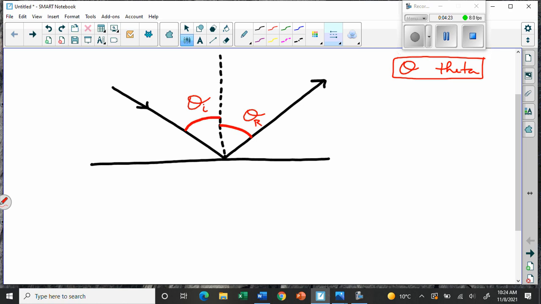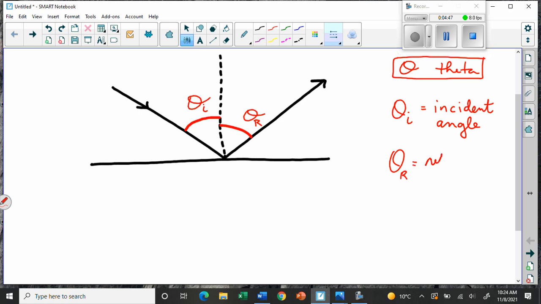Okay? And so theta I is going to be the angle that the incoming light makes. So that's called the incident angle. Incident means incoming. That's the angle the light comes in at. And then the little theta R is the angle that it's reflected out at.